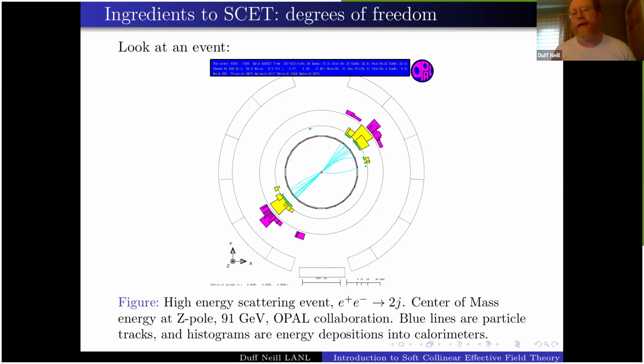But basically, you can argue that as long as your broadening is much bigger than lambda QCD, it could still be much smaller than, say, the mass of the Z boson. It just needs to be much bigger than lambda QCD. So for instance, I could have a broadening where, say, 10 GeV worth of energy is being transported transverse away from my axis. 10 GeV is still much larger than lambda QCD, but it's still much smaller than 91 GeV.